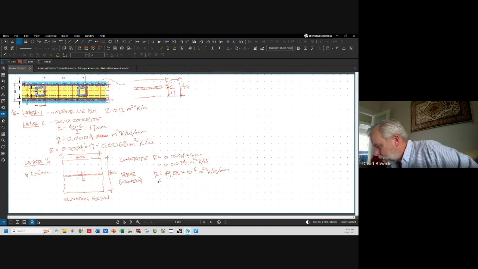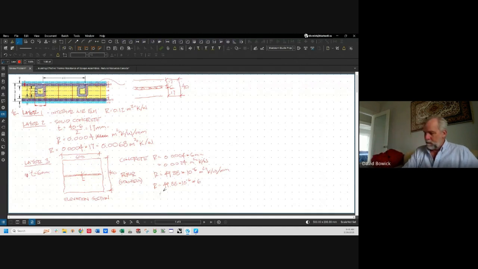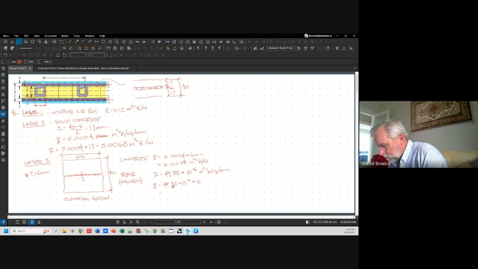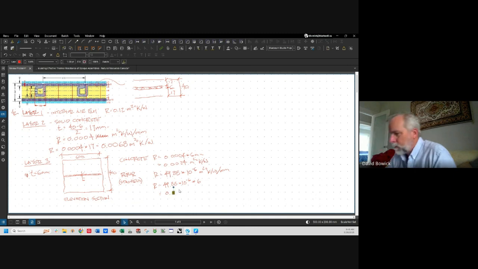So R equals 49.88 times 10 to the minus 6 times 6 millimeters equals 0.00299 meters squared degree Kelvin per watt.